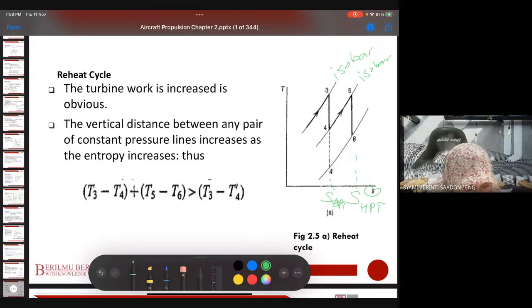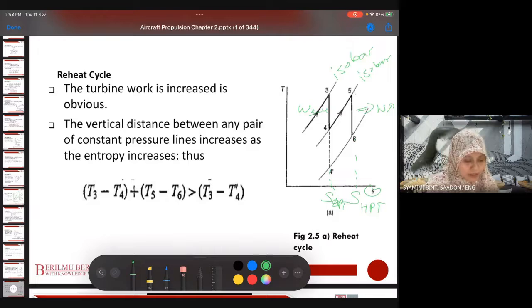We look at the difference between 5 to 6 and 3 to 4. The difference for 5 to 6 is higher, right? The change in the temperature is higher. When the change in temperature is higher, it means the work output is supposedly higher for 5 to 6 compared to the work produced in 3 to 4, because the change of temperature is higher.